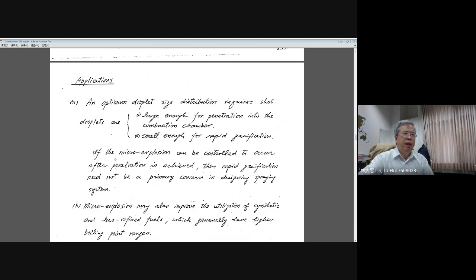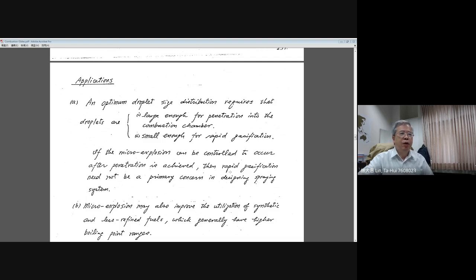Therefore, they say that if the micro explosion can be controlled to occur after penetration is achieved, okay, going to the major combustion region, this big droplet can break up by itself to make so many tiny droplets. Then the rapid gasification can be achieved, because the micro explosion can automatically occur and break up the large drop into small droplets.